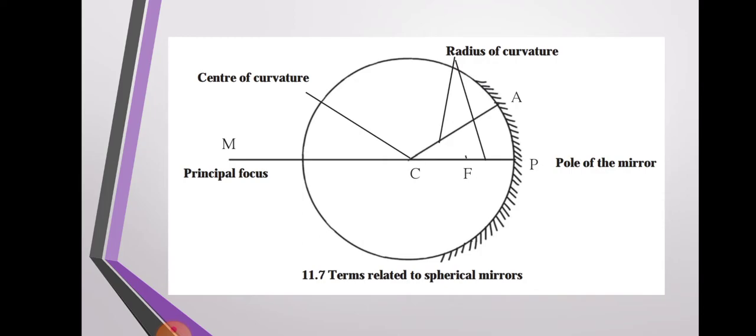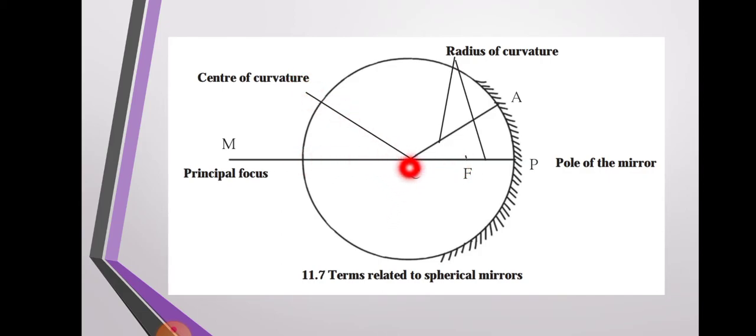Now there are some terms which are related to the spherical mirror. What are these terms? Here you can see this is the pole of the mirror. This is the mirror, and here P is called what? Pole of the mirror. Here this is called the principal axis. C is what?